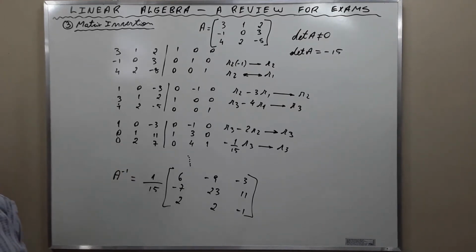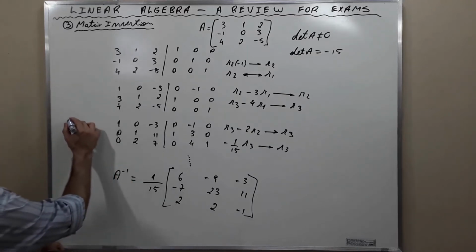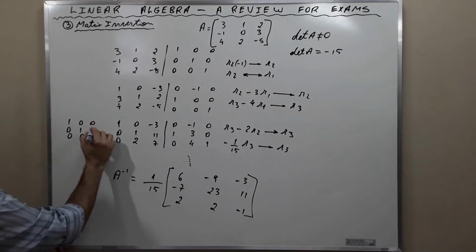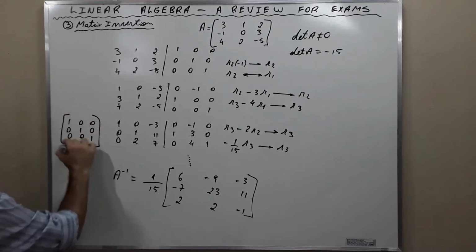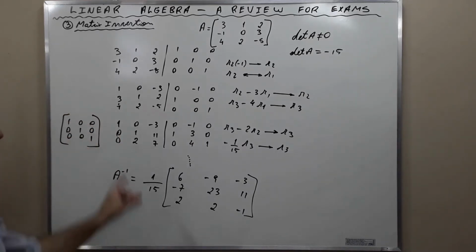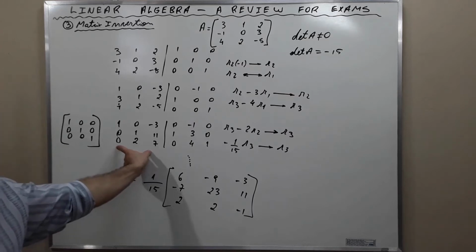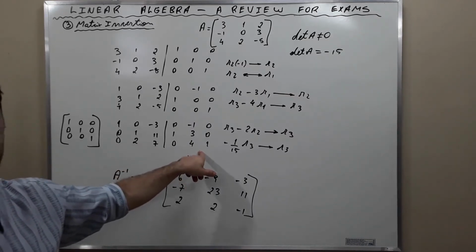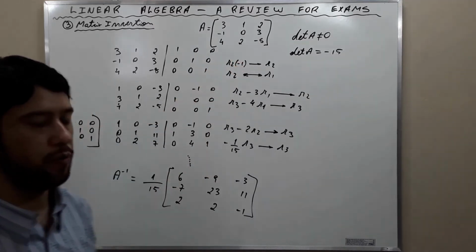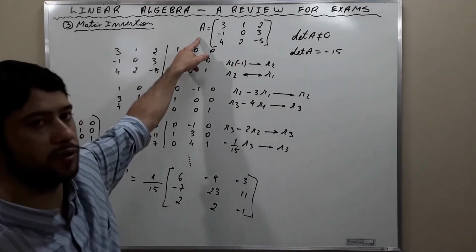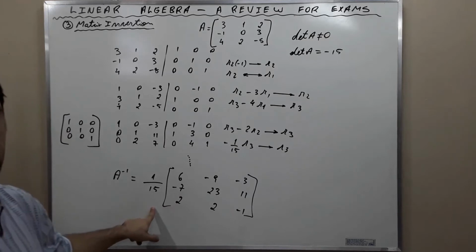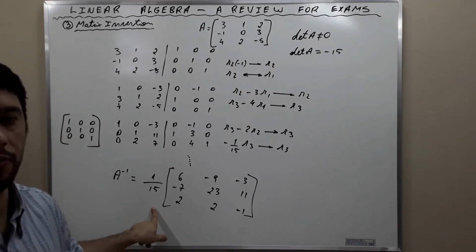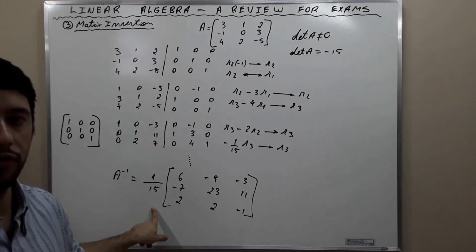We want to make the identity matrix 1, 0, 0, 0, 1, 0, and 0, 0, 1 appear here, and what is left at the right side is the inverse of the original matrix. And for this matrix here, this is the inverse matrix. Okay, this is the idea behind matrix inversion.